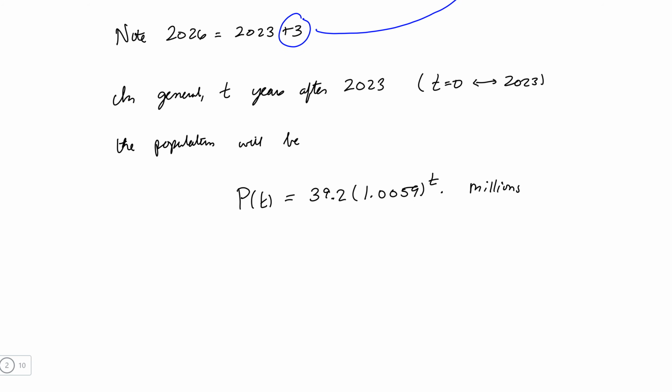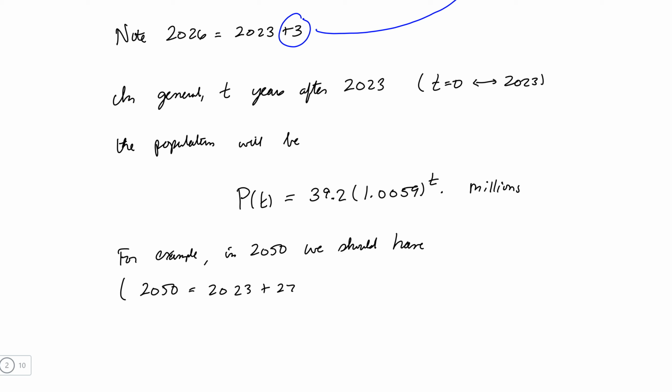So for example, in 2050, we should have, well, we want to figure out what the t is. So notice that 2050 is 2023 plus, so I need 27 more years.